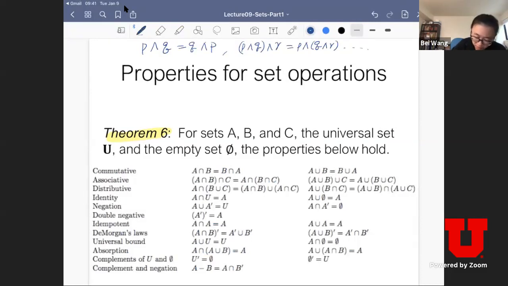If I distribute the operation, A intersect B union C is equal to A intersect B, union A intersect C.